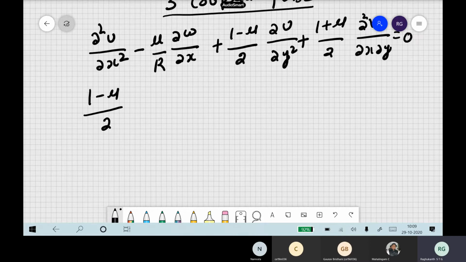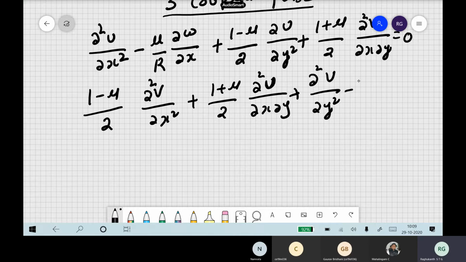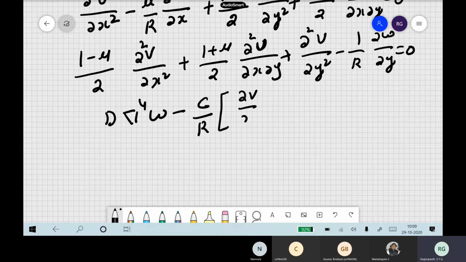Then 1 minus mu by 2 dou square v by dou x square plus 1 plus mu by 2 dou square u by dou x dou y plus dou square v by dou y square minus 1 by r dou w by dou y is equal to 0. And of course we had a 4th order equation, del to the power of 4 w minus this constant c times dou v by dou y minus w by r plus mu dou u by dou x.